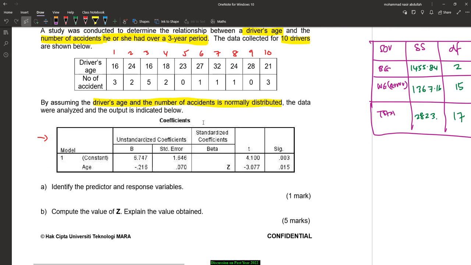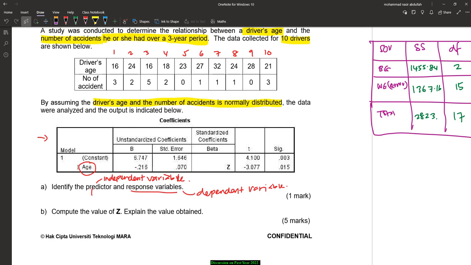So now identify the predictor and response variable. Very simple. So you nampak apa variable dalam table ni? This is age kan? Age is predictor. Predictor is independent variable. Response variable is dependent variable.